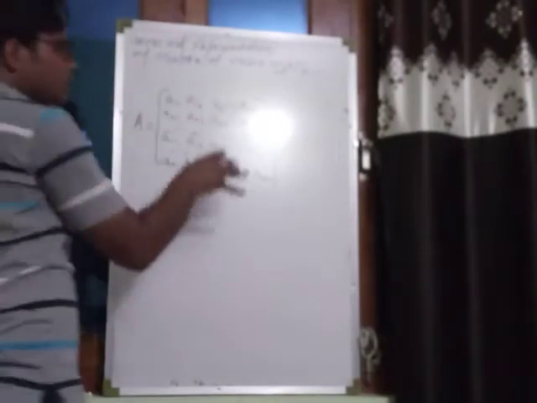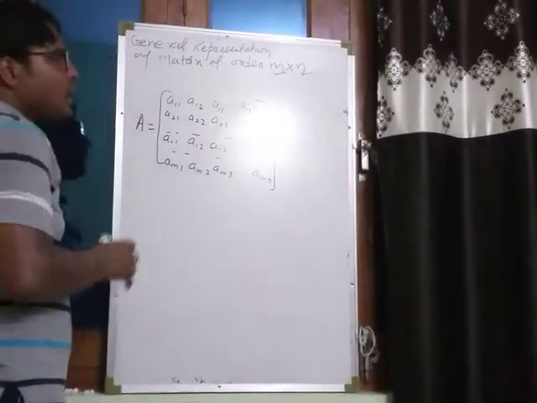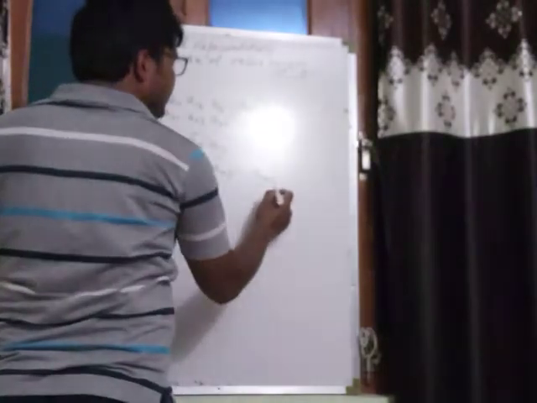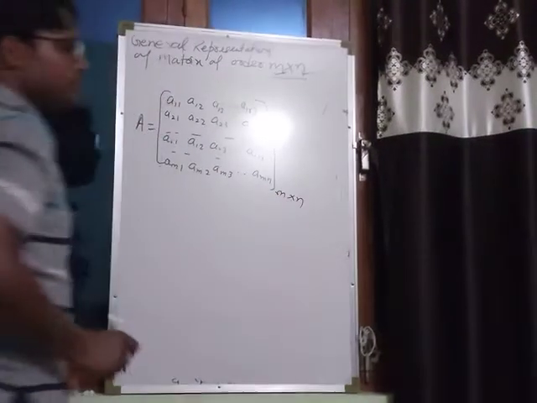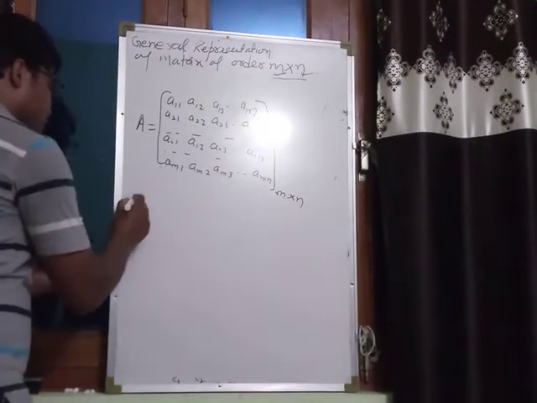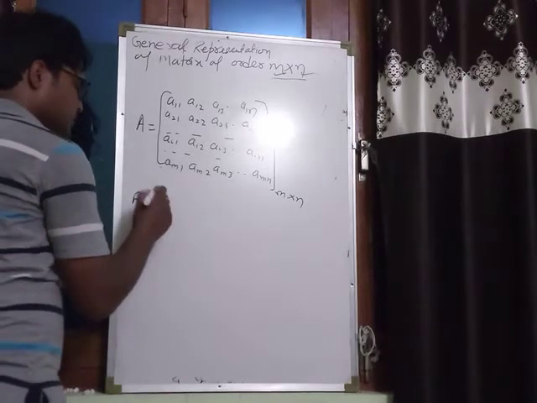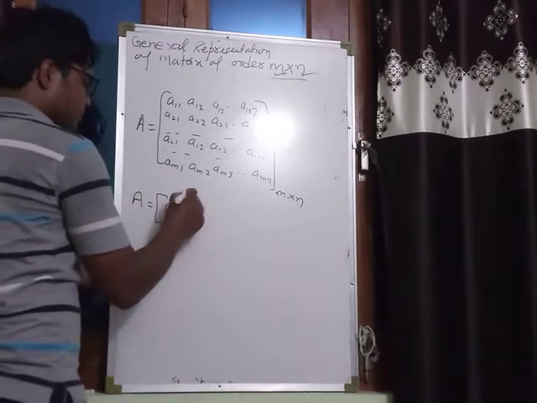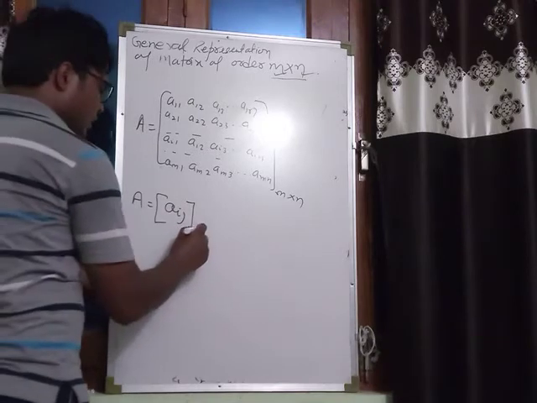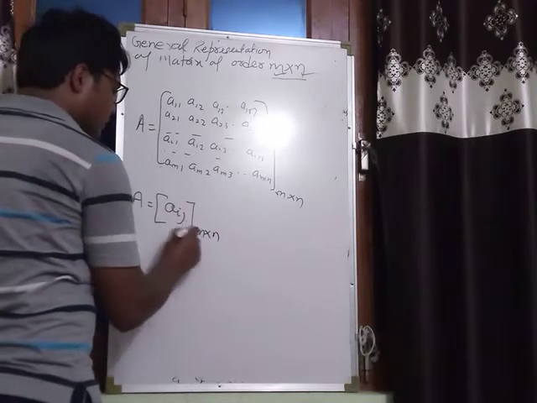That is the general representation of a matrix of order m by n. Its order is m by n. In the compact form, it is represented by this form: Aij of order m by n.